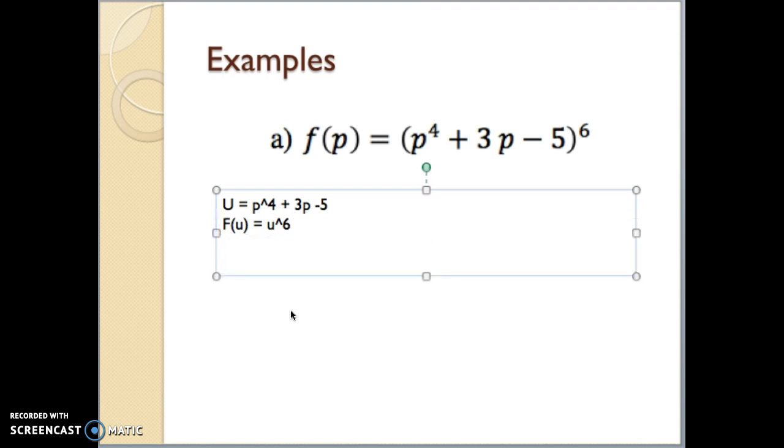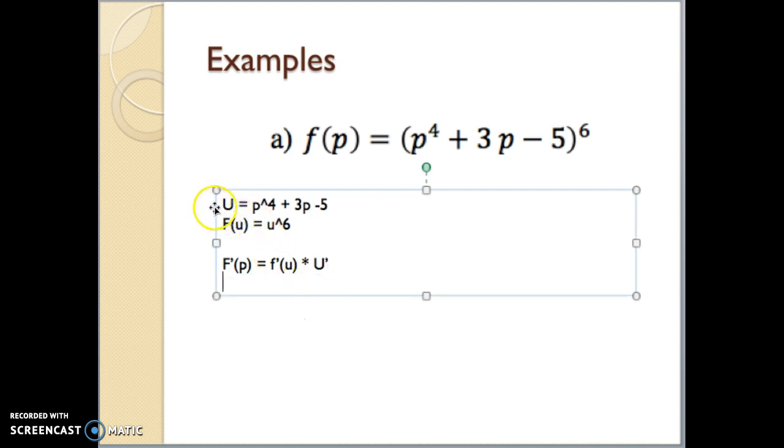Well, then my derivative, f prime of p, is equal to f prime of u times u prime. So I take the derivative of the second one, my f prime of u.